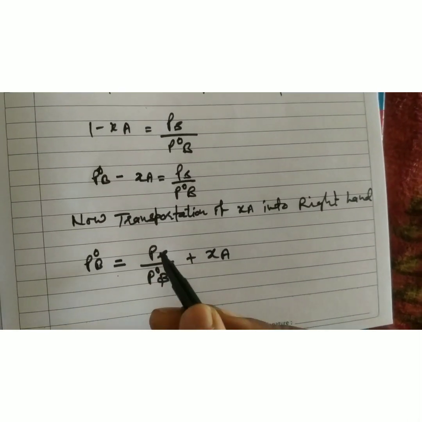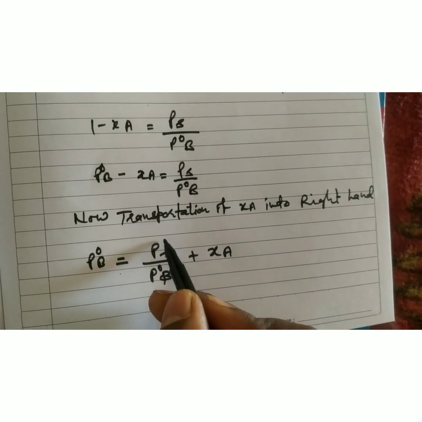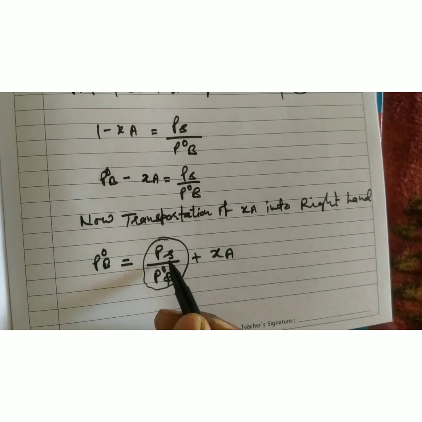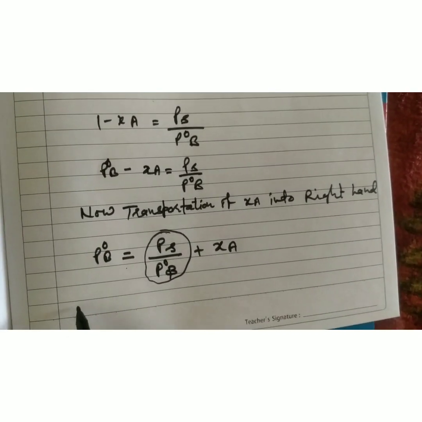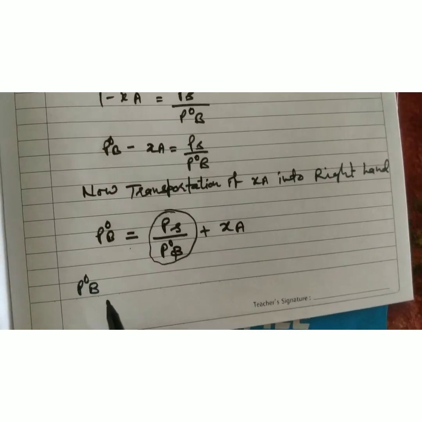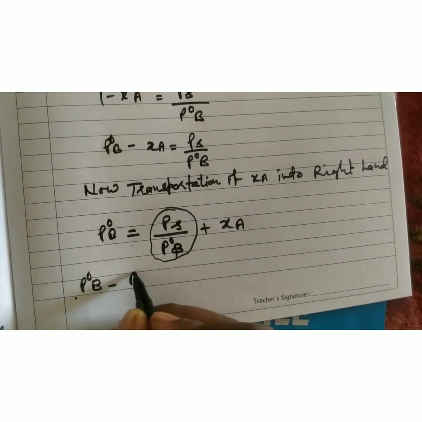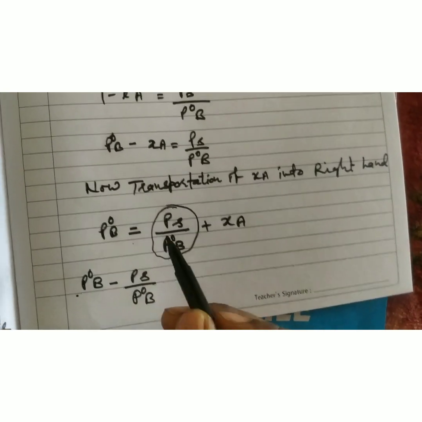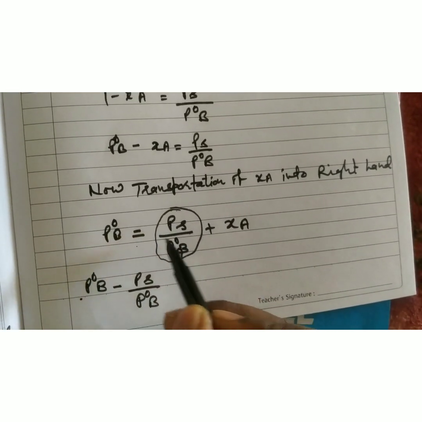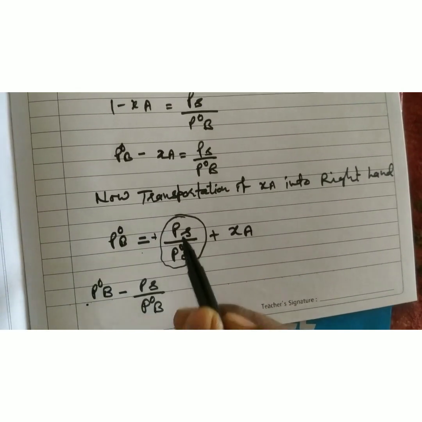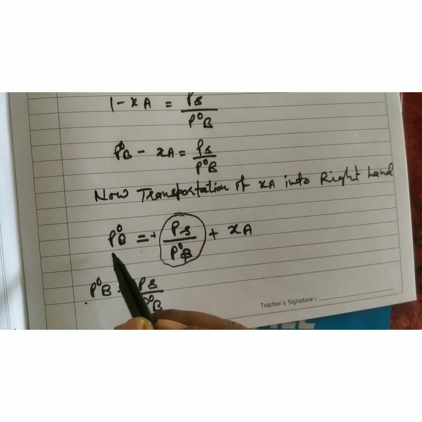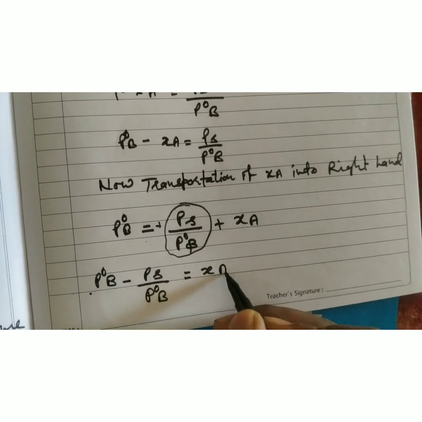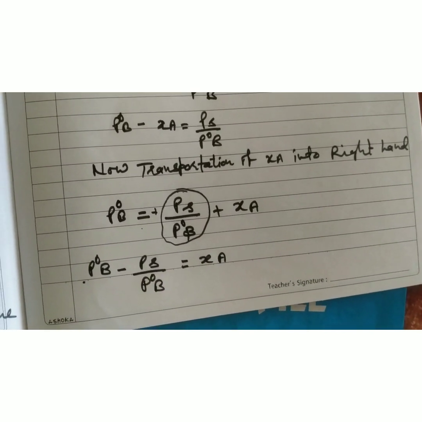Clear? But also transposing PS divided by P naught B to the left hand side, we get 1 minus PS divided by P naught B, because PS divided by P naught B is plus, and after interchanging sides it will be minus. So it will be equal to mole fraction of A. Clear?